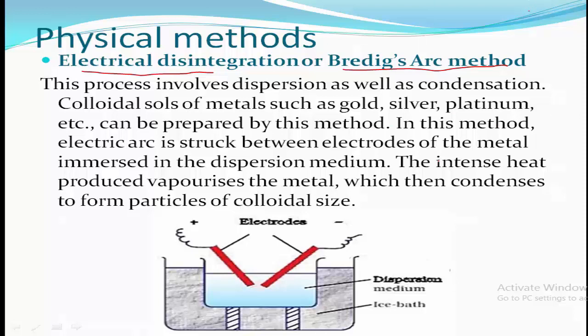Then we supply electrical current, and upon heating, an electric arc will be produced between these electrodes, as shown here. Due to the intense heat, the electrical arc is produced between these two metal electrodes.